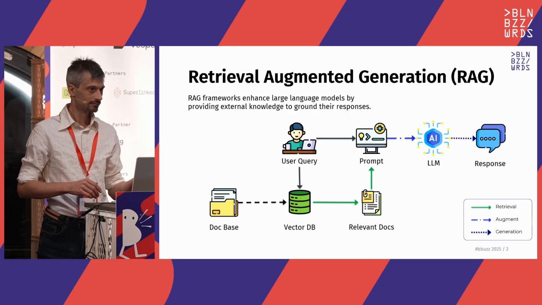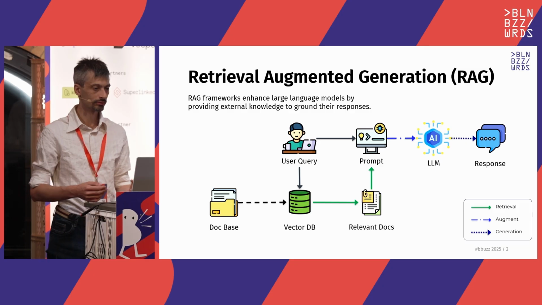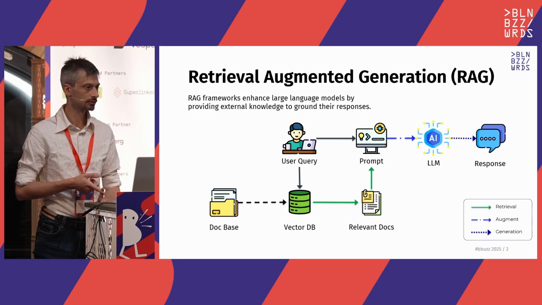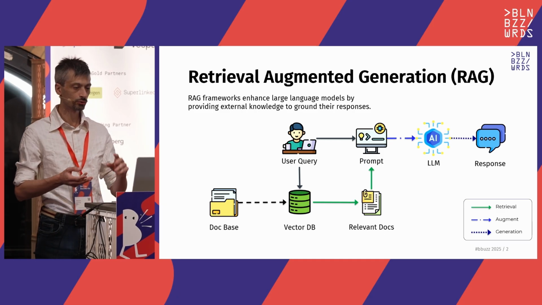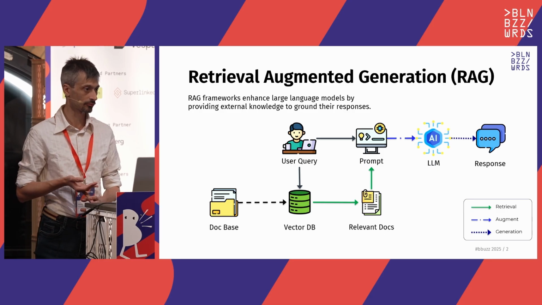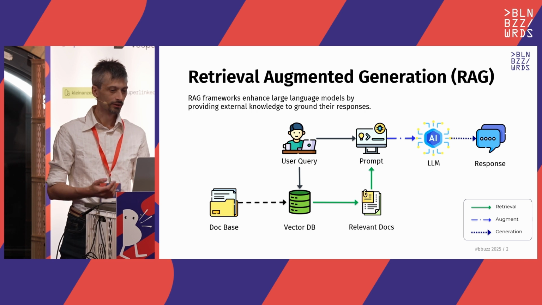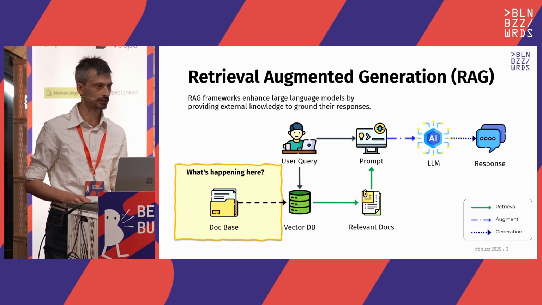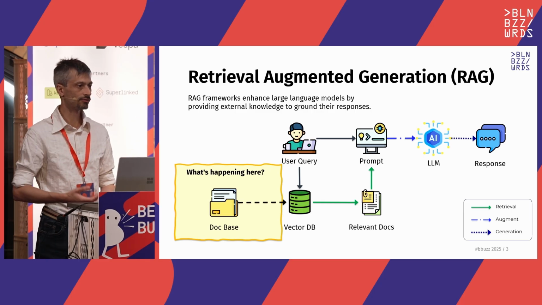We see benchmarks and techniques to score the later part, so how the response can be made, how the prompts affect the response, how to identify relevant documents from the perspective of the user query. But we are not seeing so much about the first part: what's happening between the document base and the integration in the vector search.